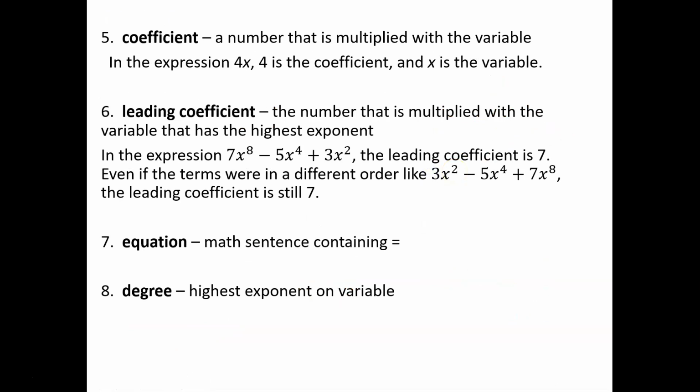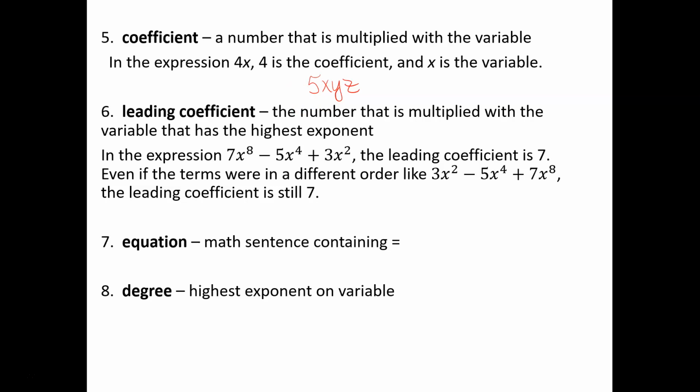Coefficient, a number that is multiplied with the variable. In the expression 4x, 4 is the coefficient, x is the variable. So it is basically the number in front of the variable, and when they're right next to each other, it's understood that they are multiplied. And it could have more than one variable. You might have something like 5xyz. 5 would be the coefficient of that term.